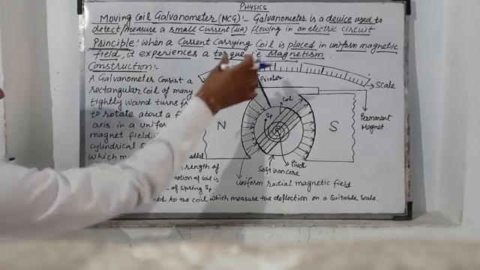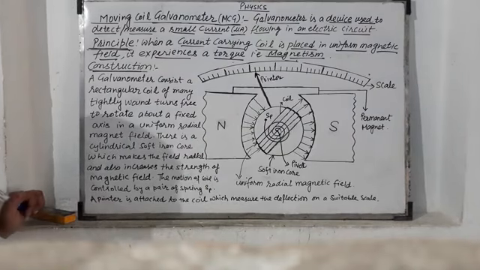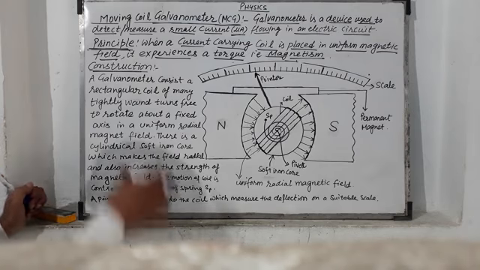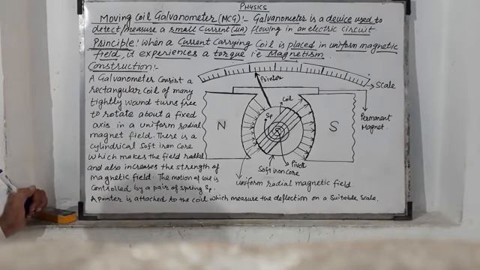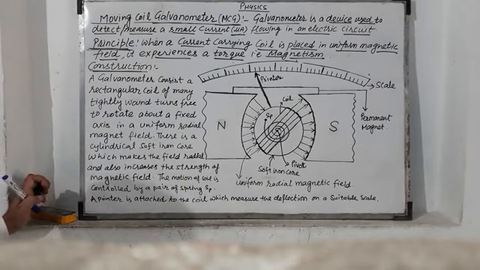Now the construction. For construction, the diagram is given here. In the exam, there is no need to write the construction, but if you want to give length to your answer, then you can write it. Otherwise, for construction, the diagram is sufficient.